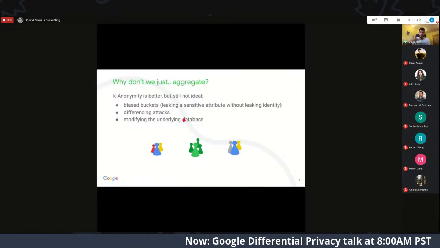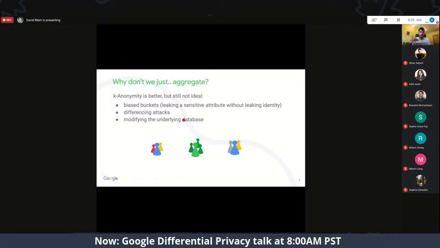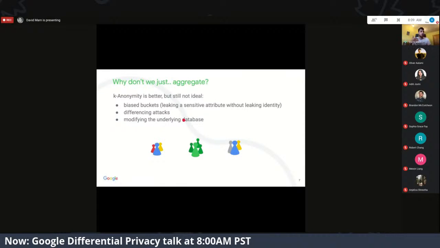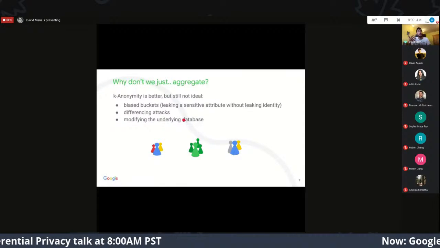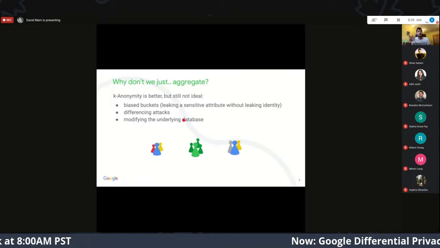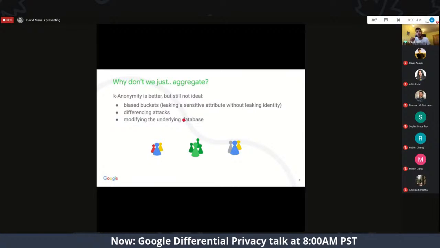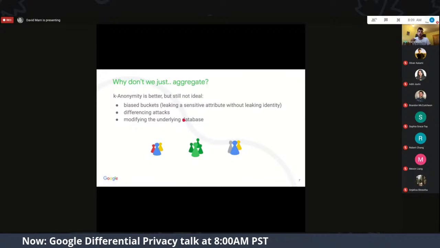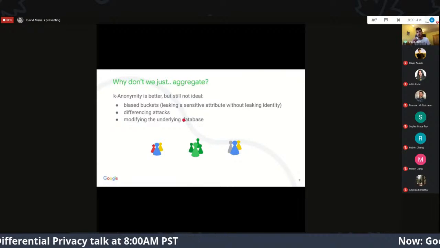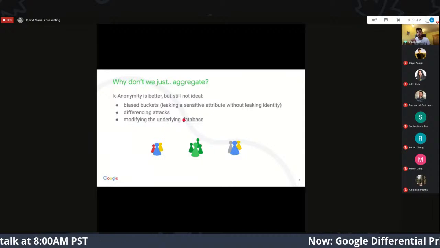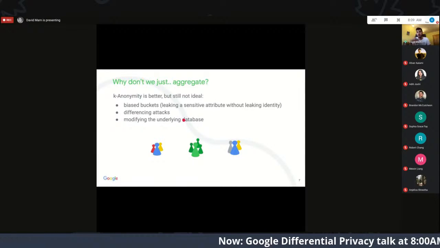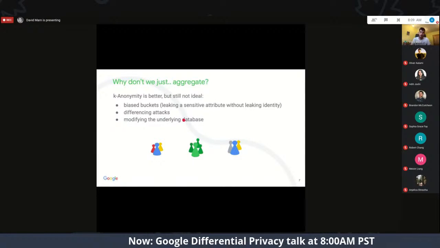And let's say that I'm in the database alone, and the question is maybe, do you smoke or not? If the attacker now adds 49 entries for people who do not smoke and 49 entries for people who do smoke, then only one of those categories will appear, the one that has 50 entries. And this will then again leak information about me.